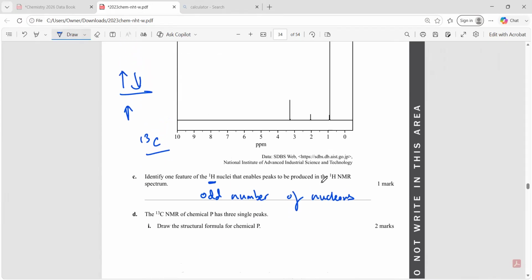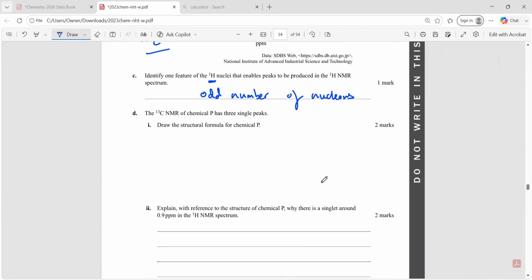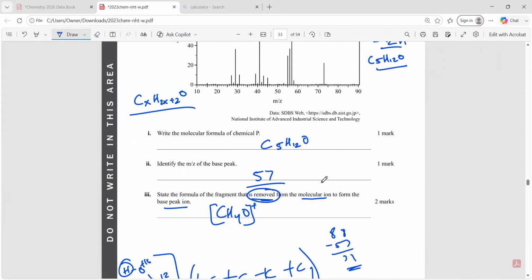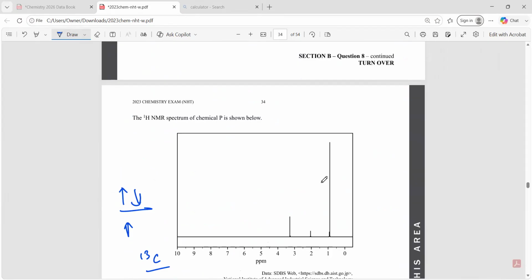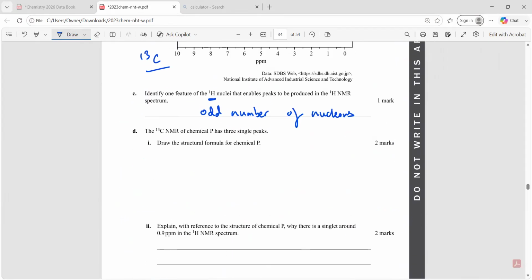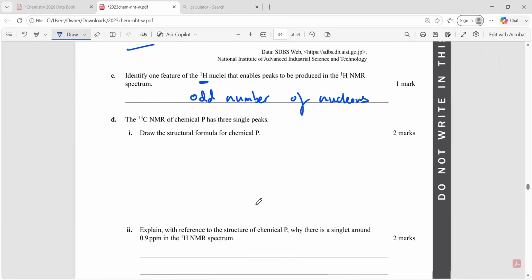Draw the structural formula of chemical P. If there's only three environments, five carbons, then there's probably just going to be something like that. So one, two, three, four environments.